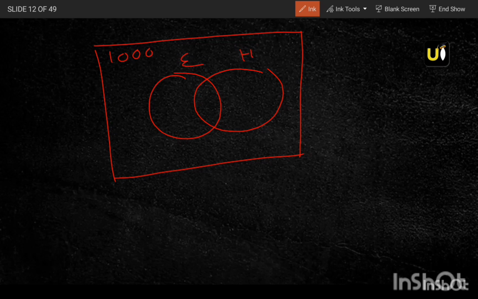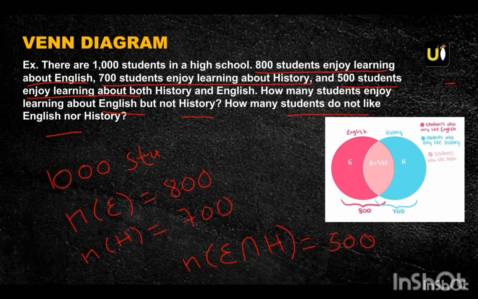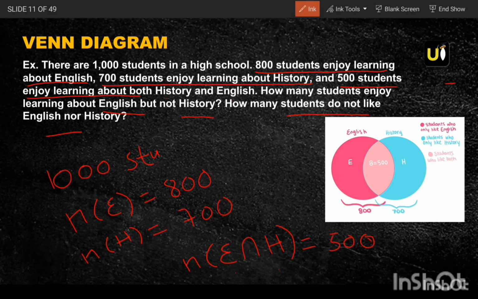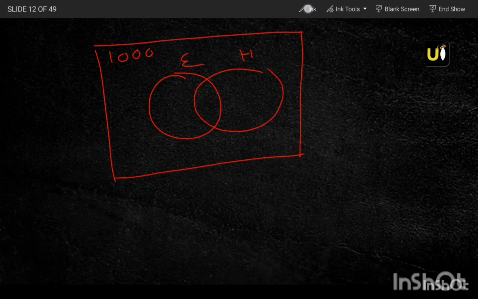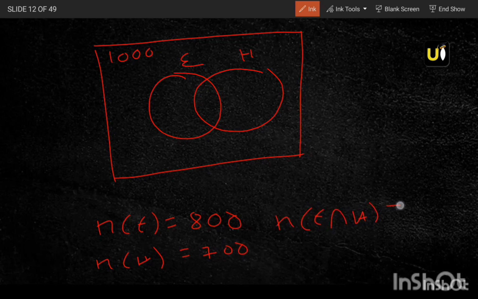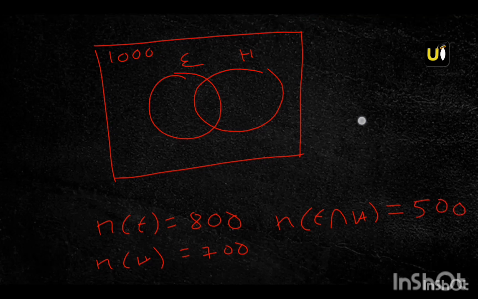The number of students who like to learn English is 800. The number of students who like to learn history is 700. Those who like both are 500 students. Okay, now am I correct? Yeah.